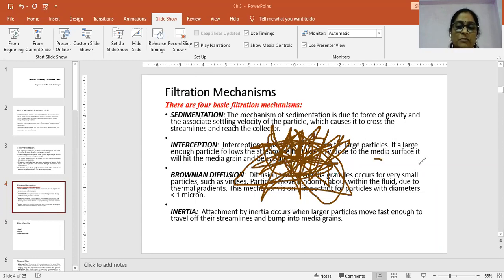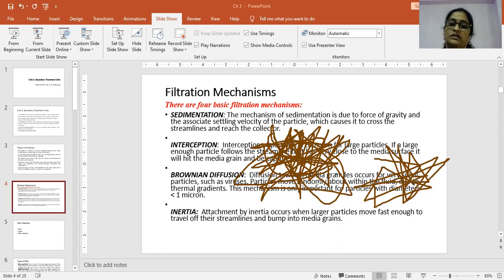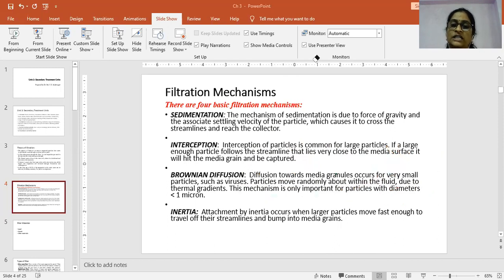When they strike the wall or the filter media, they lose their charge and are no longer capable of moving in this way. Because of that, they fall down or are restricted in that particular region. This is Brownian diffusion.